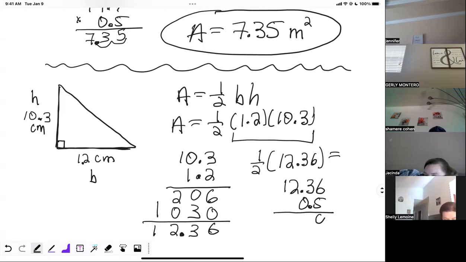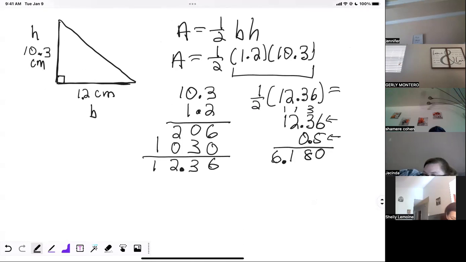Six times 5 is 30. 5 times 3 is 15. 16, 17, 18. 5 times 2 is 10 plus 1 is 11. 5 times 1 is 5 plus 1 is 6. And I have 3 decimal places. I have 1 here. I have 2 here. So I'd have to put my answer here.